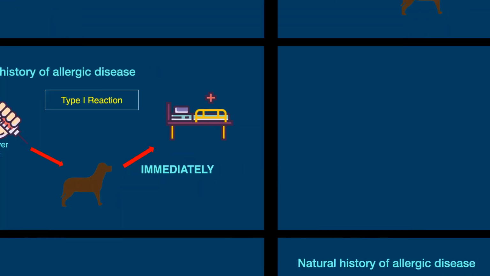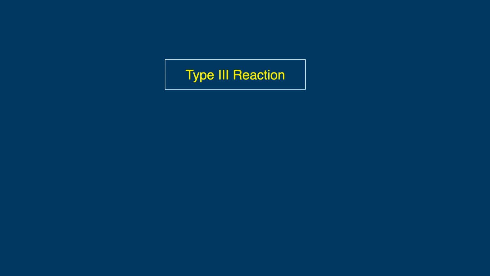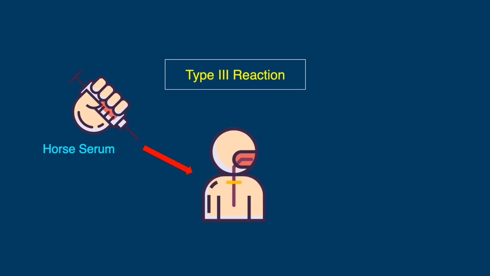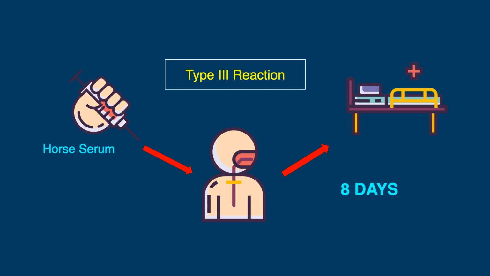reaction. The second observation was made using hyperimmune horse serum to treat the life-threatening infection diphtheria. They found that an initial injection was usually uneventful, but a fever, rash, joint pains, and renal damage often developed about 8 days after the subsequent injection of horse serum.